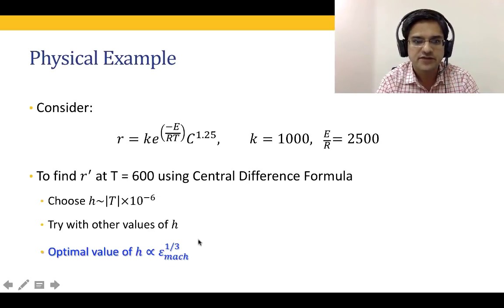We had seen in the previous lecture that the optimal value of h is machine precision to the power 1 by 3 for central difference formula for f dash of x. This holds when the independent variable is of the order 1. If the independent variable is of a different order, the optimal value of h changes accordingly.